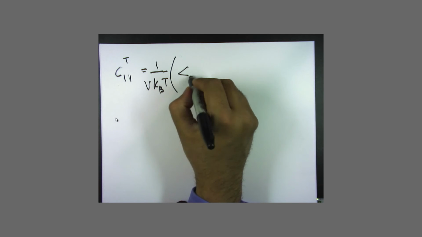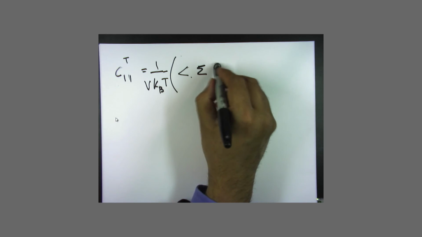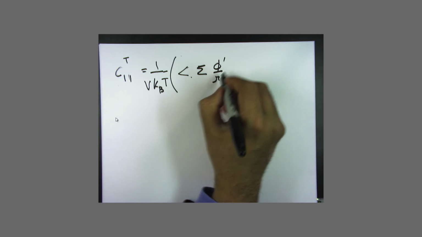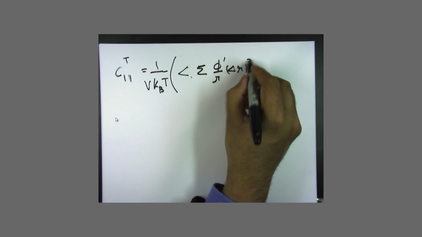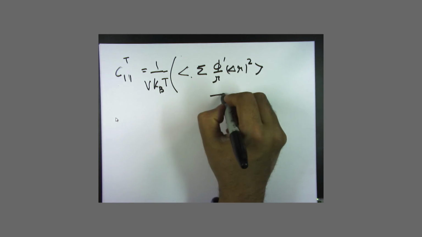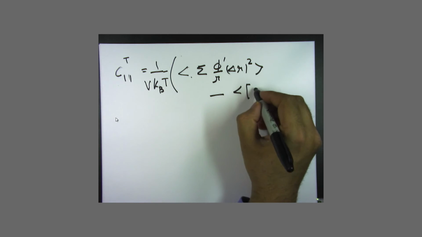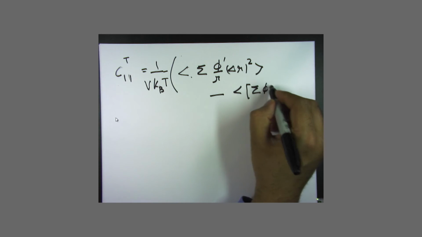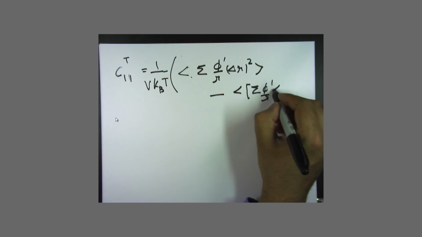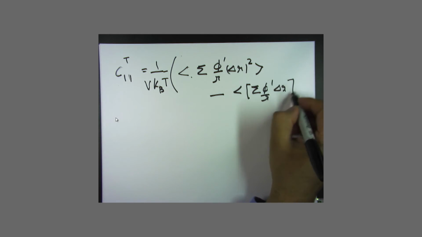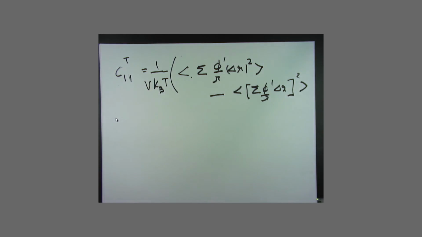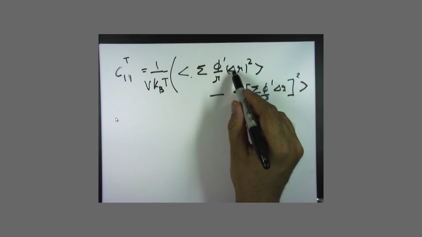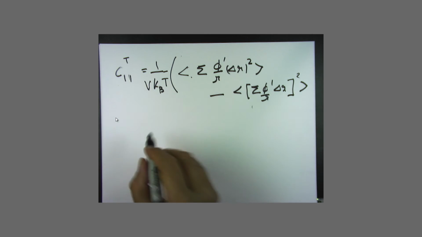So, this is the average of the summation of phi, the potential energy, R delta R square, minus the summation of phi dash R over delta R, complete square. So, this is almost like the standard deviation formula that you do. This is the individual and this is the average minus the particular condition.